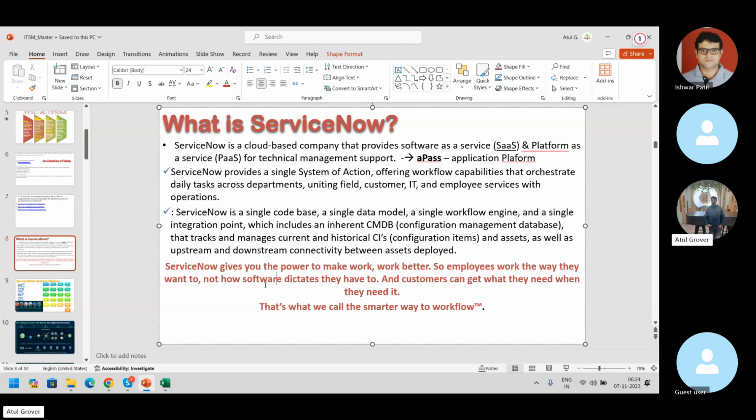Gmail, you need to use the way that Gmail has been defined. But ServiceNow says what you want, you can build it. What your client wants, you can build it. And the customer can get what they need and when they need it. And this statement they call the smarter way to workflow. And it's a trademark. Guys, these lines I picked up from the ServiceNow website only.